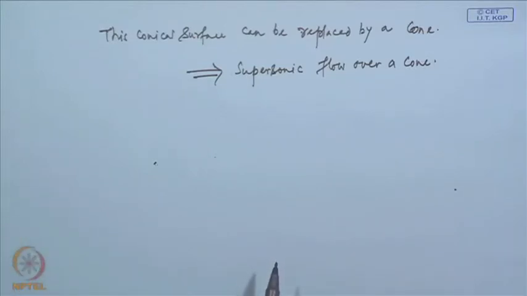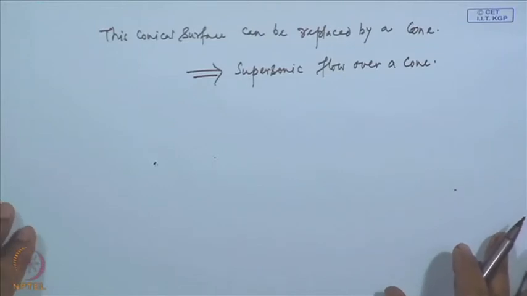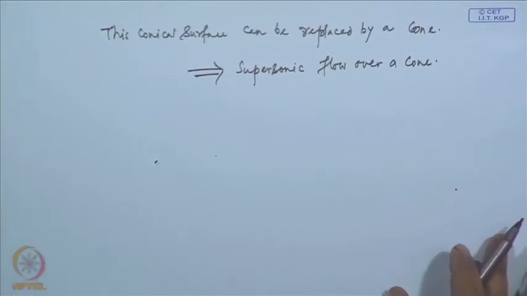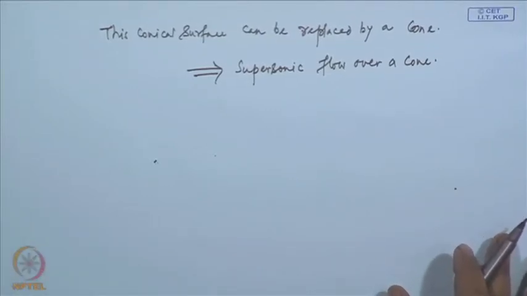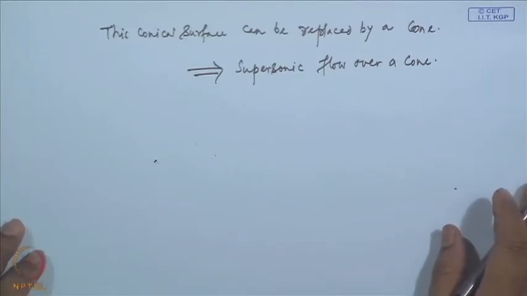Now, in this problem we still have one unknown, that is a. We do not know the value of a, which is a constant. That value of the constant a gives us cones of different size, or different semi vertex angle.